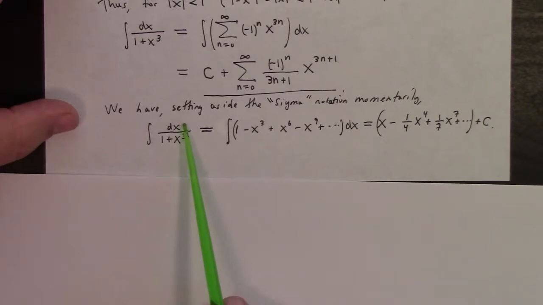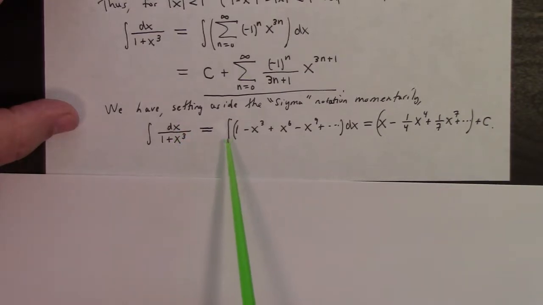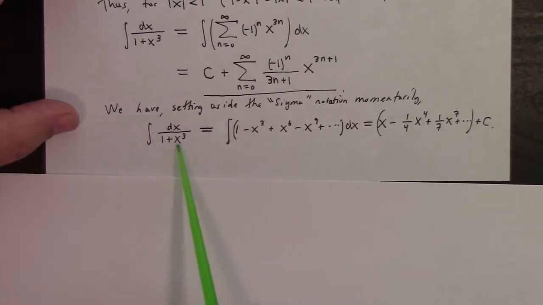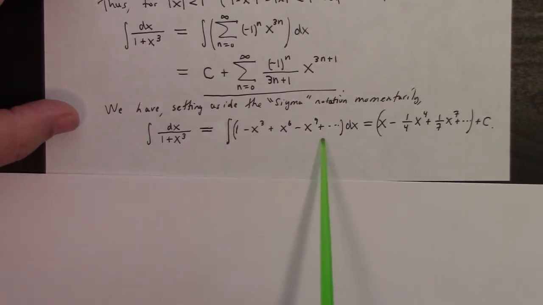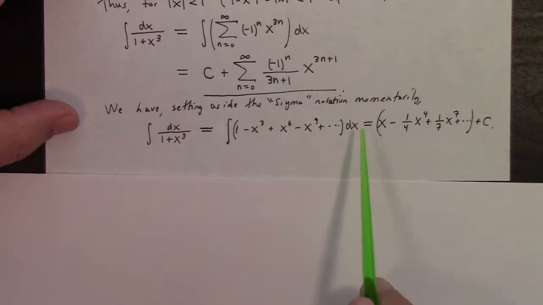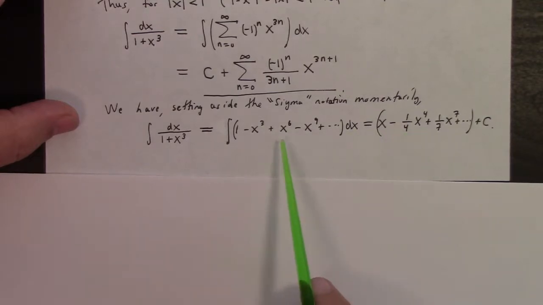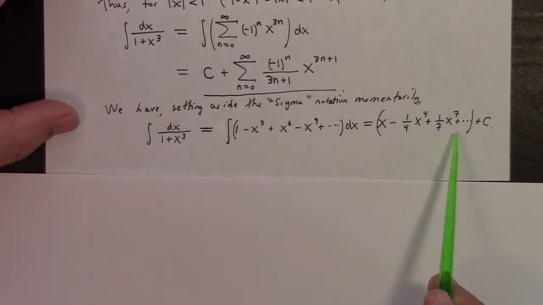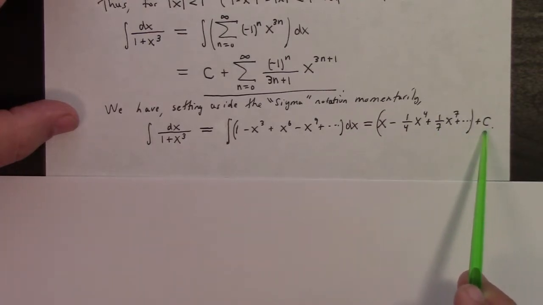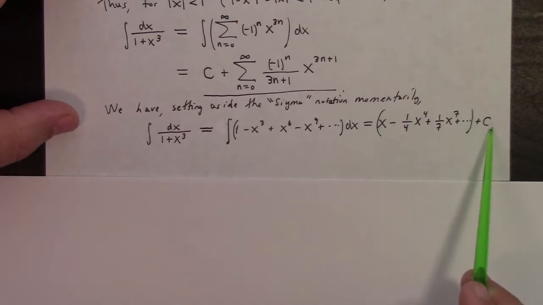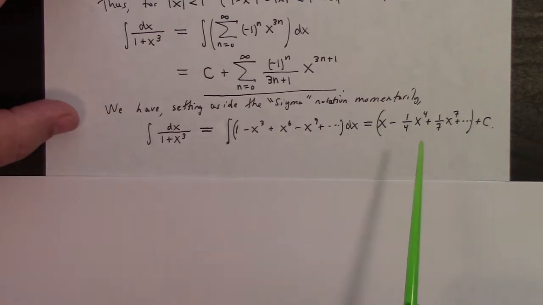The integral of dx over 1 plus x cubed is the integral of the geometric series that represents 1 over 1 plus x cubed, and then integrating term by term gives me x minus a quarter x to the fourth plus a seventh x to the seventh, and so forth and so on. Since it's an indefinite integral, I have to add a constant. Since I forgot to add it at the start, I added it at the end.